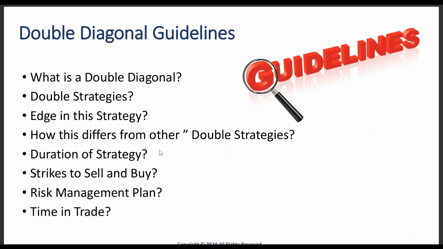Are indexes better to use than stocks for double calendars? I mean, I think, Andrew, am I allowed to give my opinion on indexes or ETFs, or should I stay away from that? You can give your opinion, Dan. Yeah, here's my opinion.